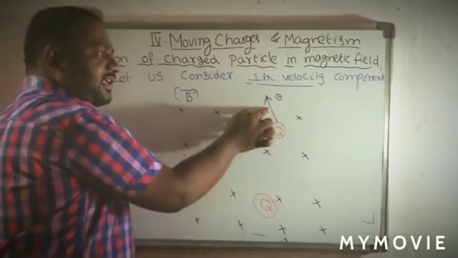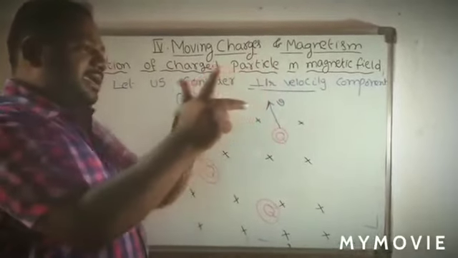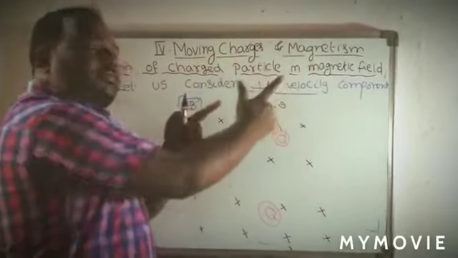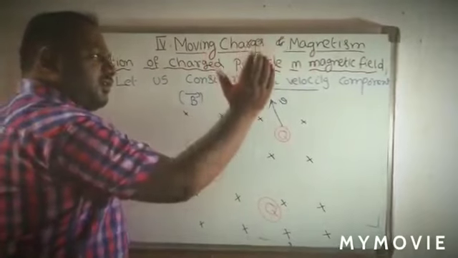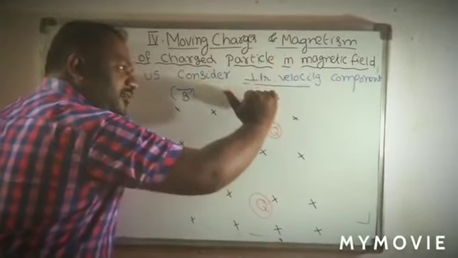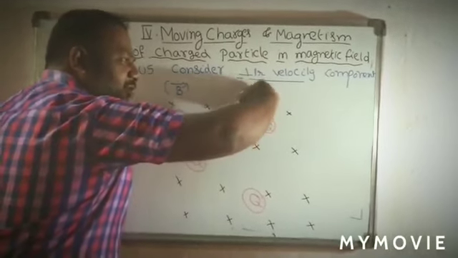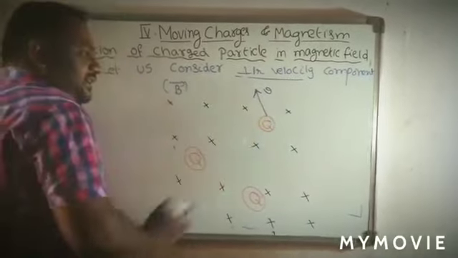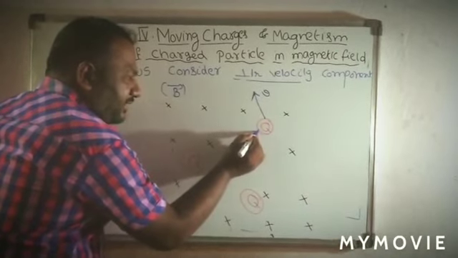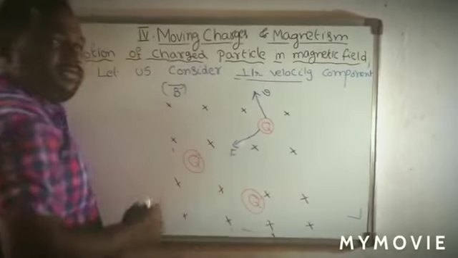This is the velocity component in the upward direction, and the field is into the board. I curl my fingers from upward to into, meaning from velocity to the field. When I curl like this, the force acts in this direction. So this is the direction of the force.